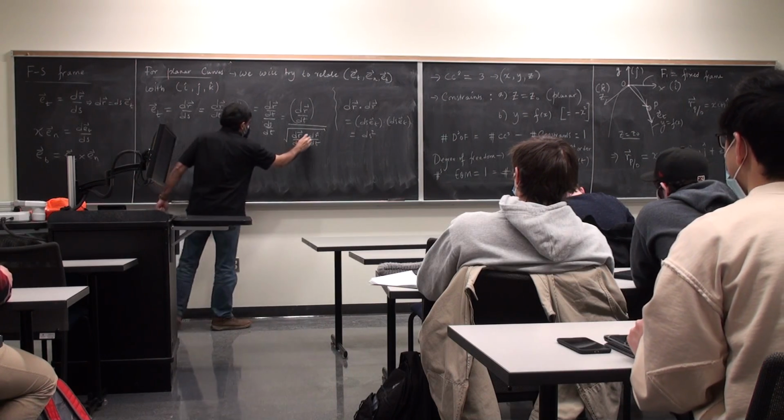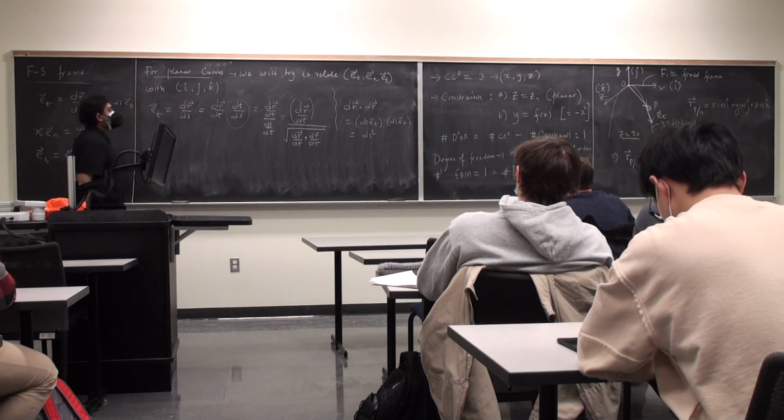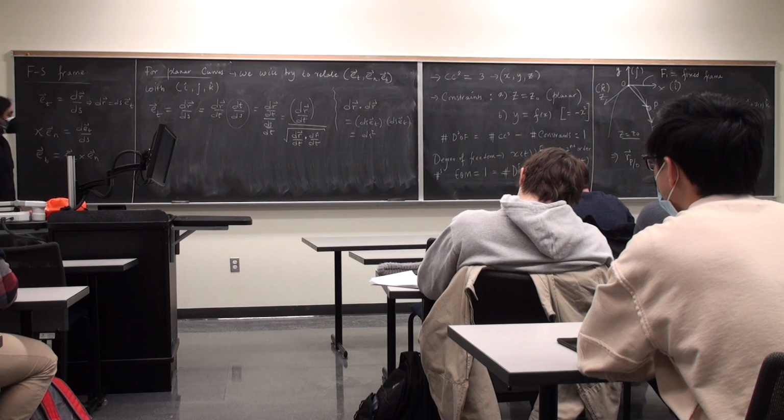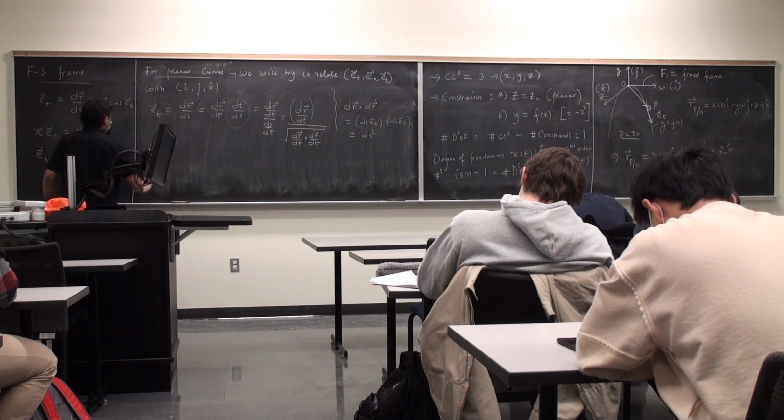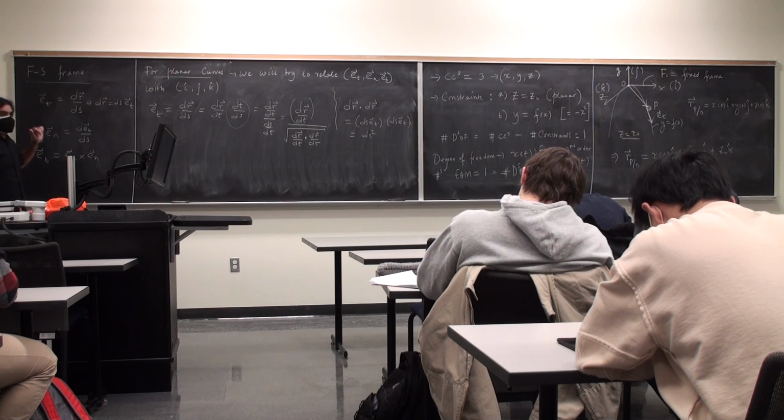So this is a dot product. I need to evaluate each of these terms, which means I need to evaluate dr by dt, which we will do very carefully. This is all generic for all planar curves.